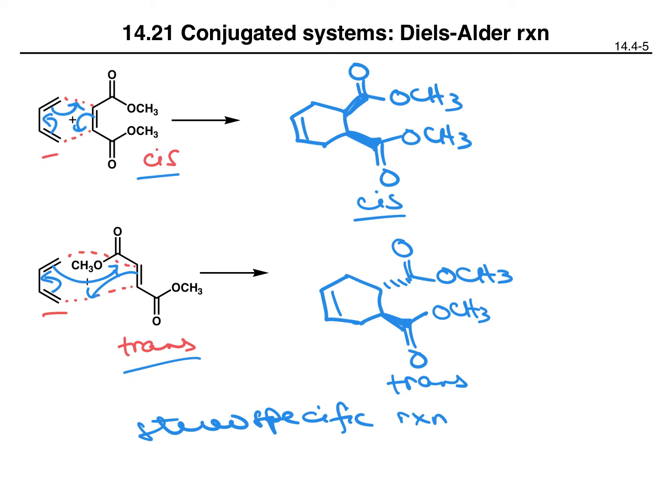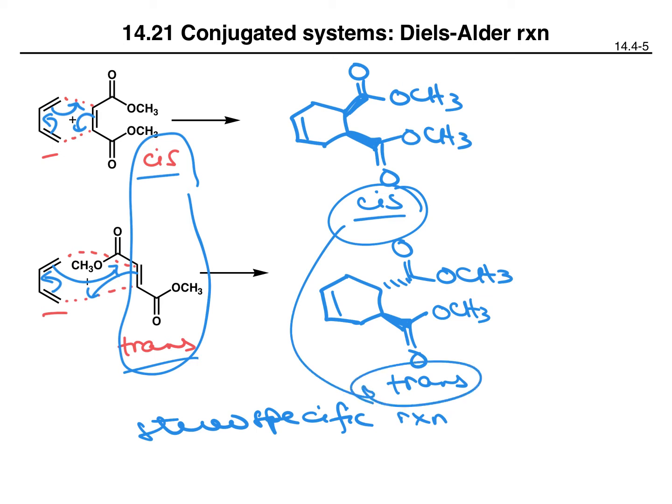Now keep in mind, stereoselectivity means that a reaction could happen to give different stereoisomers, but there's a preference for one of them. Stereospecific does not mean that it is completely stereoselective. Stereospecific means from stereoisomeric starting materials, you get stereoisomeric products. So this reaction is stereospecific.